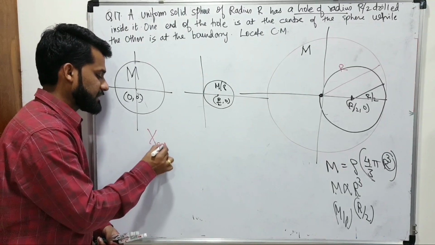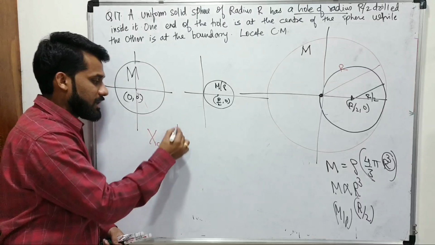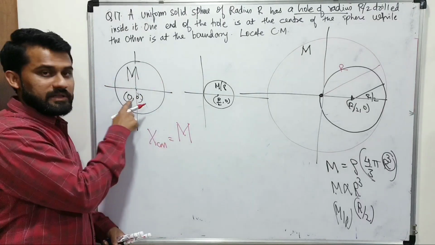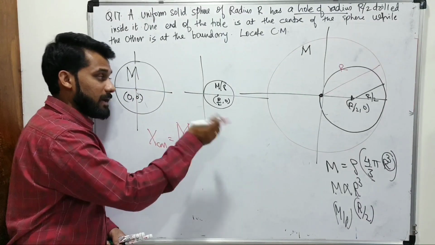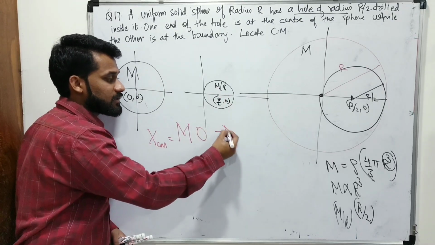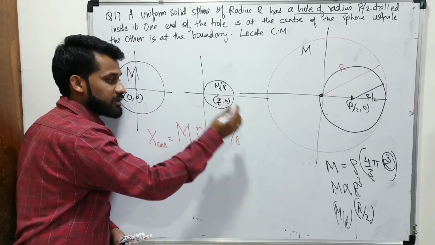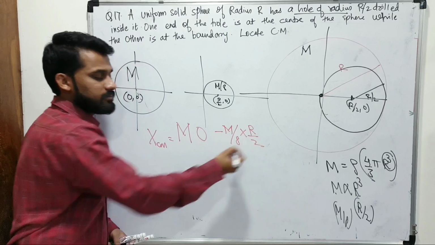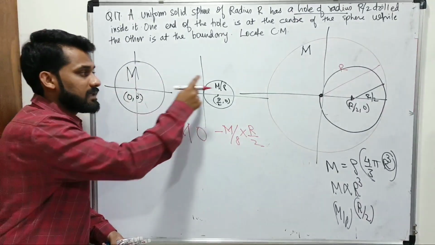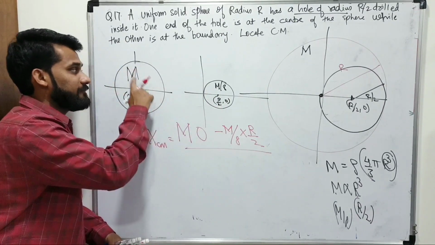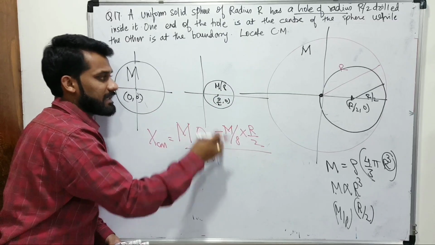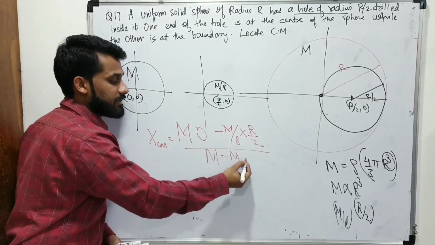And now using the concept of negative mass, I can solve this question using the formula of center of mass. xcm is m1, the mass of whole sphere, into x1, which is origin, so into 0, plus m2, but it is negative mass, so minus m by 8, into x2, which is its location, r by 2, upon m1 plus m2, m plus, but this is removed mass, so minus m by 8.